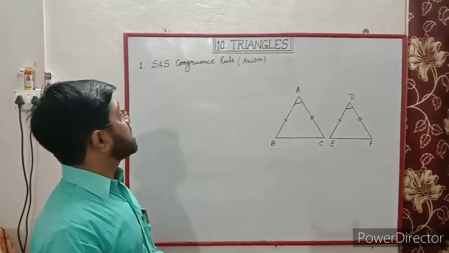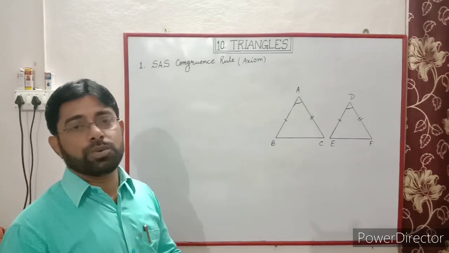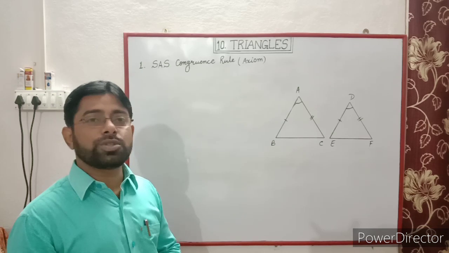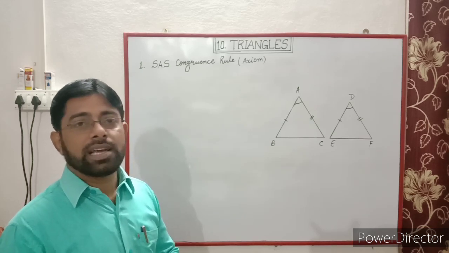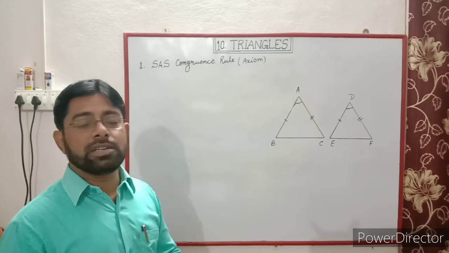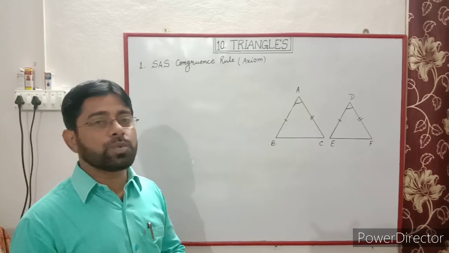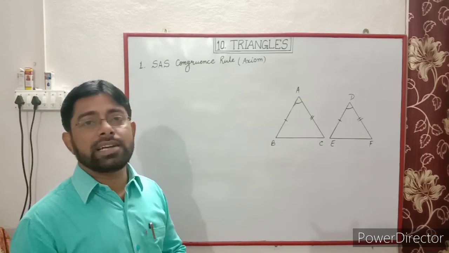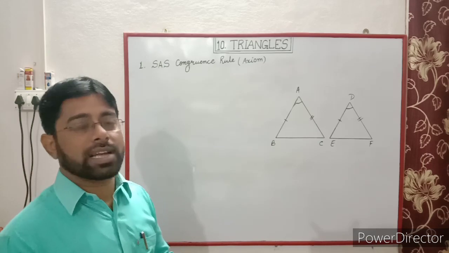Now, the side angle side congruence rule. The statement is: two triangles are congruent if two sides and the included angle of a triangle are equal to two sides and the included angle of the other triangle.